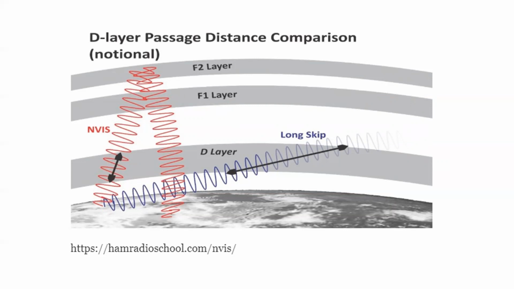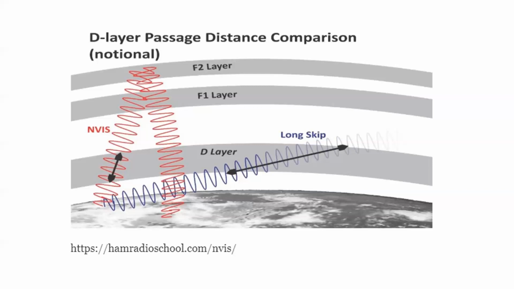So 40 and 80 meters is pretty much dead in the daytime, and that's because of the D layer. 40 meters is usable, but there's more absorption during the daytime from the D layer.